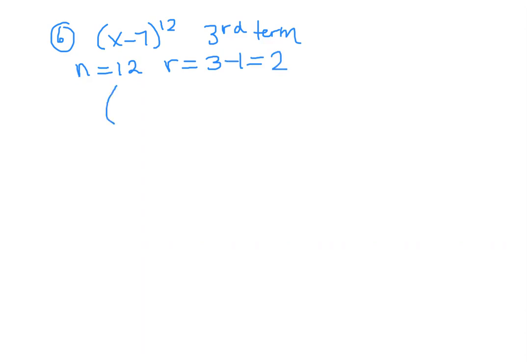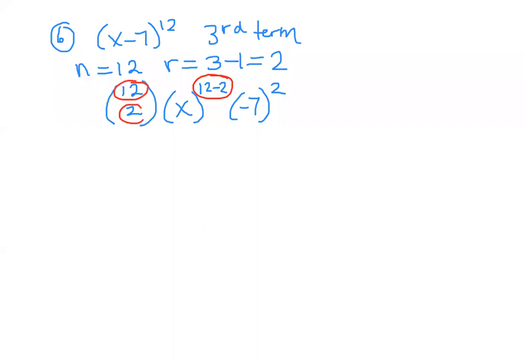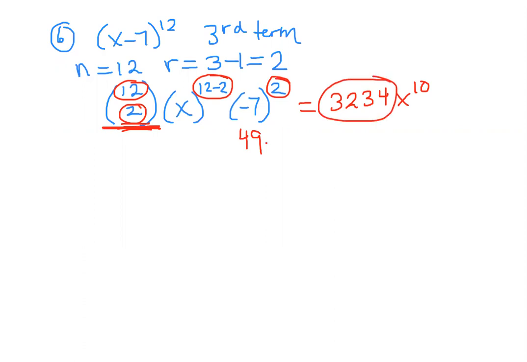So we're going to say 12 things taken 2 at a time, x to the 12 minus 2, negative 7 to the 2. Okay, this right here is this minus this, and this equals this. And you're going to put this in your calculator and find this, and you're going to get 3234x to the 10th. Because you've got to do negative 7 squared, that's going to be 49. And then you're going to find whatever this is on your calculator and multiply that, and it's going to equal 3,234.